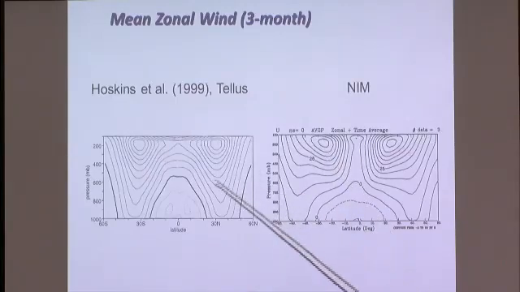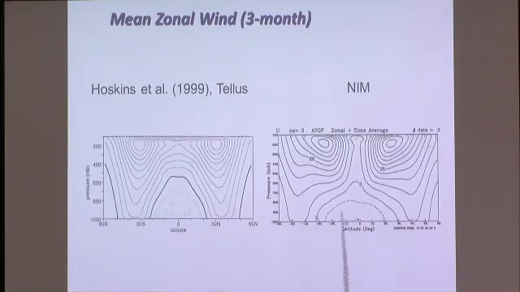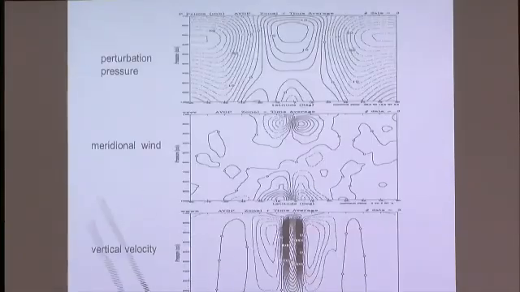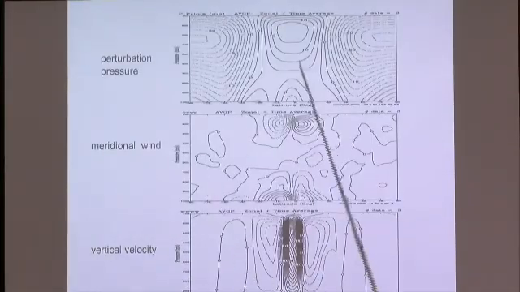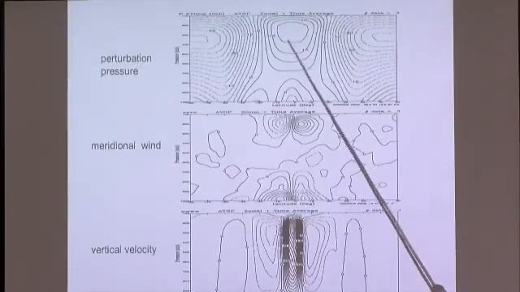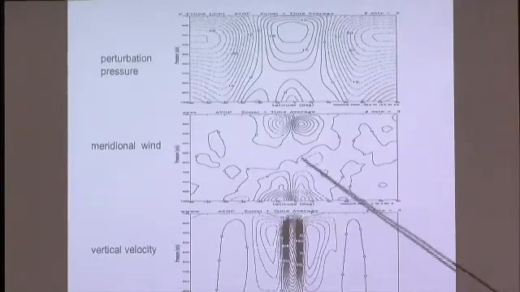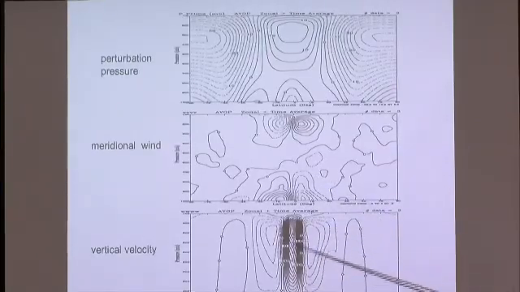The jet stream is about 50 meters per second at 200 millibar, and there is an easterly. And this is the perturbation pressure. In the tropics is low pressure, and the upper level there is a high pressure pushing this way. Meridional wind convergence, the vertical velocity, upward motion, downward motion in the mid latitudes.